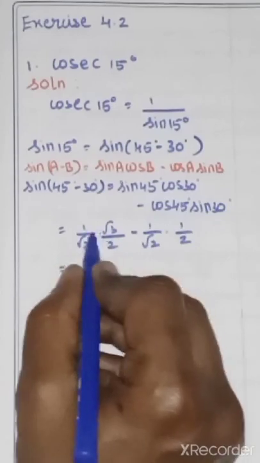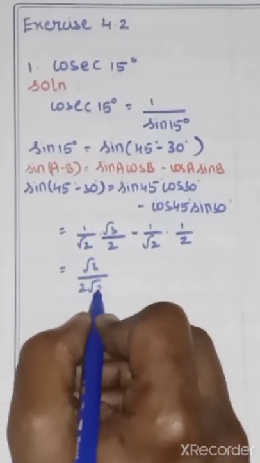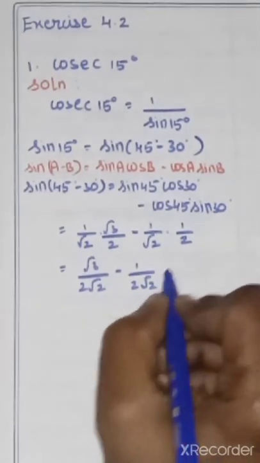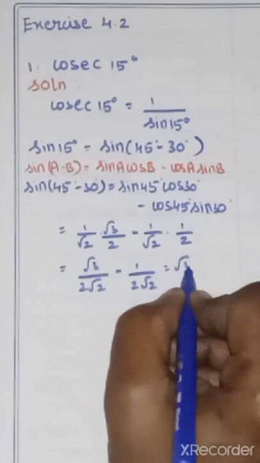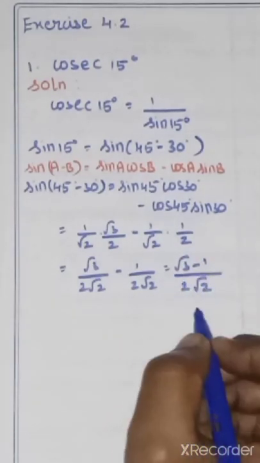If we multiply, 1 into root 3 is root 3 by 2 root 2, minus 1 by 2 root 2, which is equal to (root 3 minus 1) by 2 root 2.